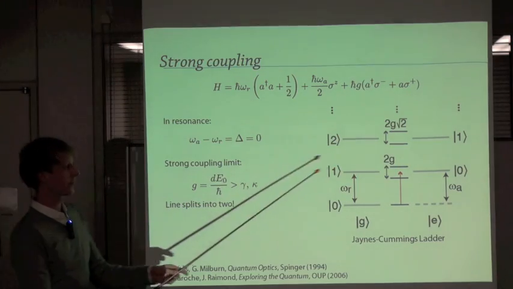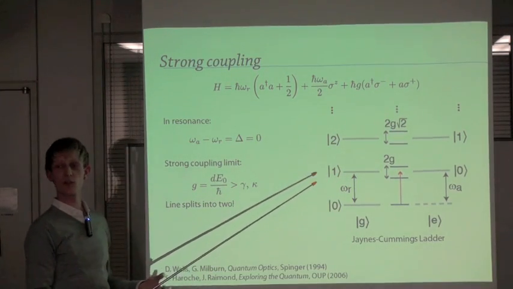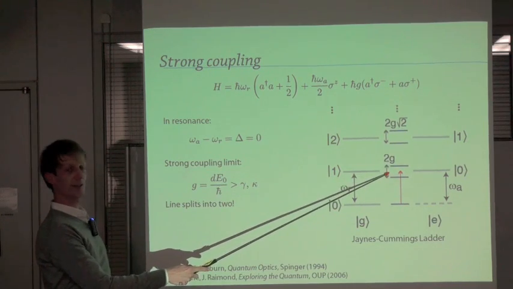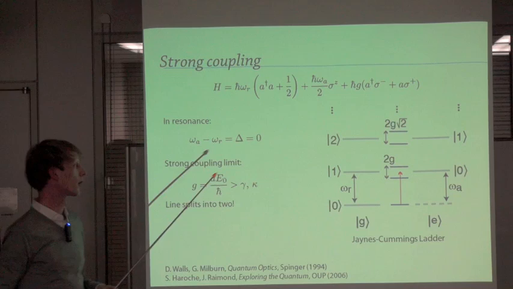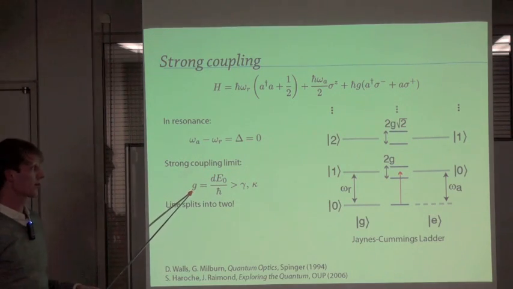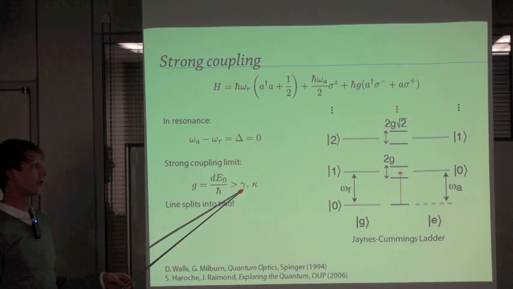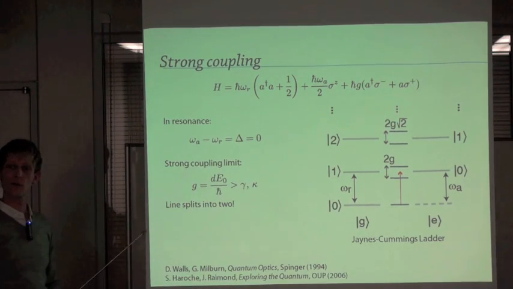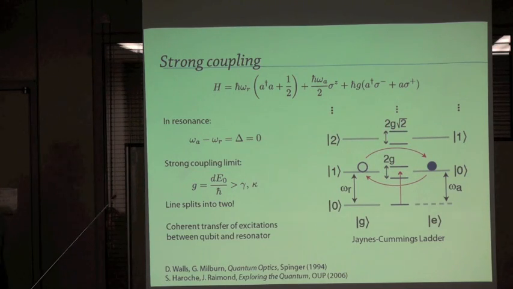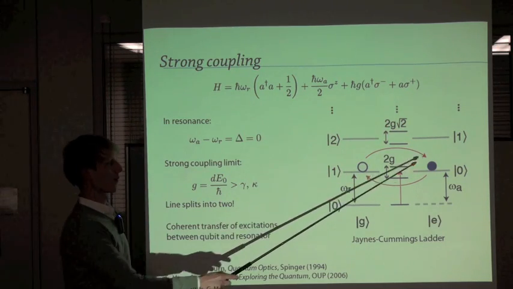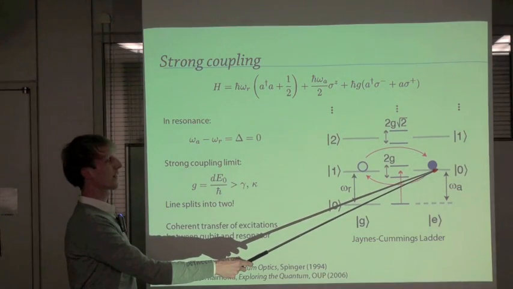If you want to see this in the lab, you need to go to the strong coupling regime. What you need to make sure is that this spacing here is larger than the line width of the lines you observe. So what we need is that the coupling is much larger than the decay rate of the qubit and the decay rate of the resonator. What you can also do then is, for instance, populate only the qubit and wait a little.